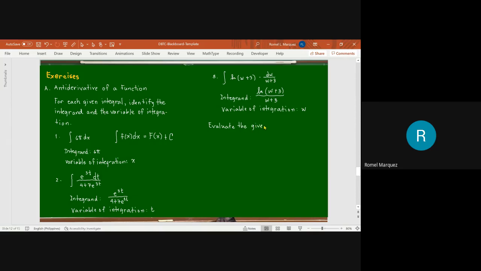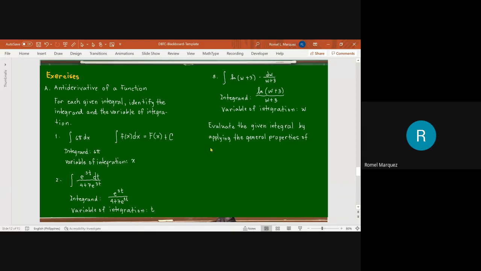I hope you were able to encounter the general properties of indefinite integrals. There are two kinds of integrals generally, indefinite integrals and definite integrals. The integrals that we are considering so far are indefinite integrals.